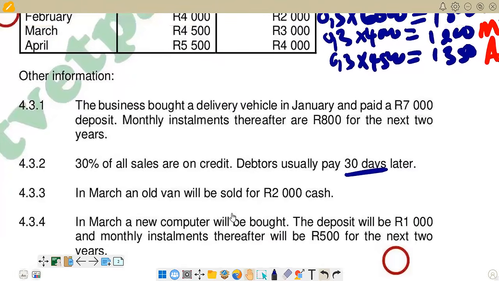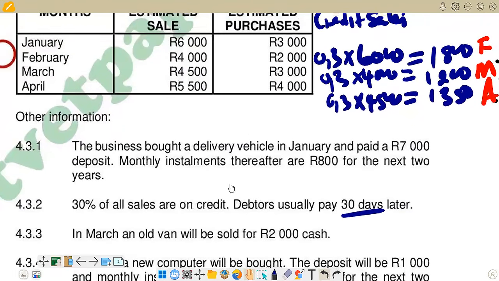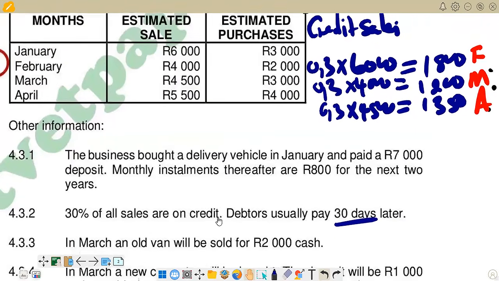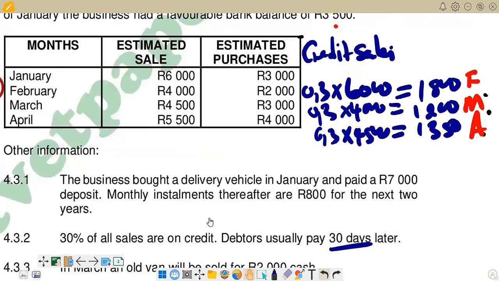We are seeing there's nothing. So if we have nothing, it means the purchases that we are given are the cash purchases. So we're going to just take those figures: 3,000 for January, 2,000 for February as cash purchases, 3,000 for March, and 4,000 for April. So we're going to enter those figures there.